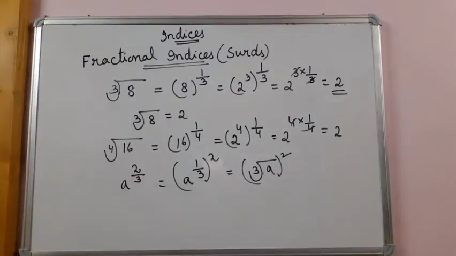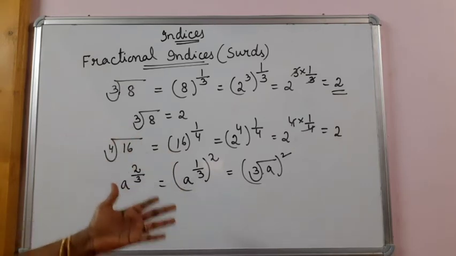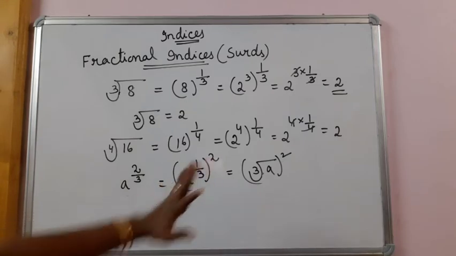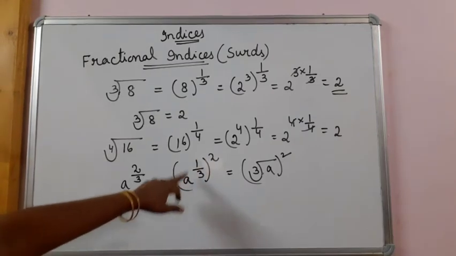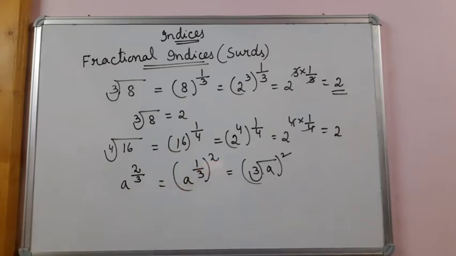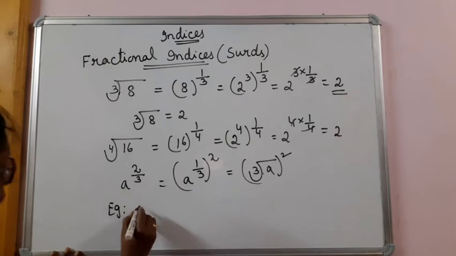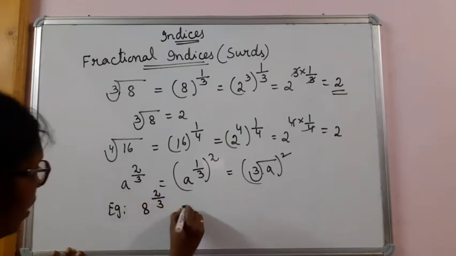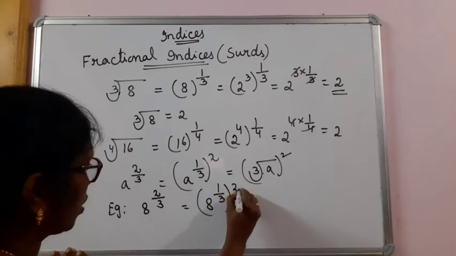You have to learn this, because whichever way we have to find it, we have to do it that way. Let me give you one example based on this. a to the power 2 by 3 means a to the power 1 by 3 whole square.